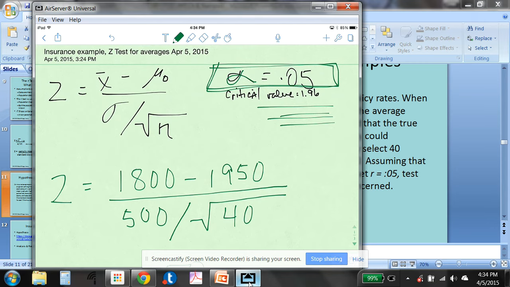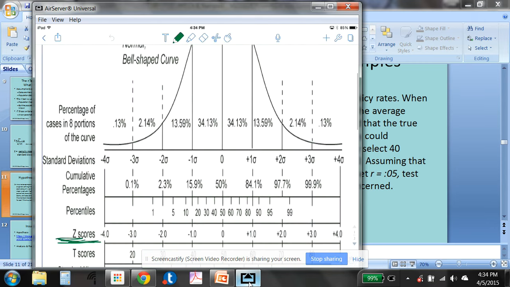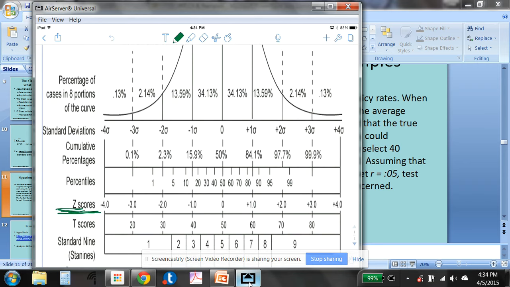So we're going to flip back over here, and we know that 1.96, here's 2 in our z table. Here is 2 standard deviations. So we're just a hair below that, maybe just right here at 1.96.